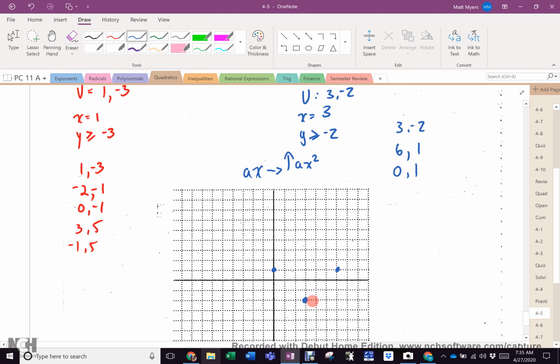And then I'm going to go off the graph to the right, so I got to use my head. The next one, normally I would go over 6, and I would go up 36, right? Because that's the next number that divides by 3. But I'm going up 1/3 of 36, which is 12. So I'm going to go over 1, 2, 3, 4, 5, 6, and up 1, 2, 3, 4, 5, 6, 7, 8, 9, 10, 11, 12.